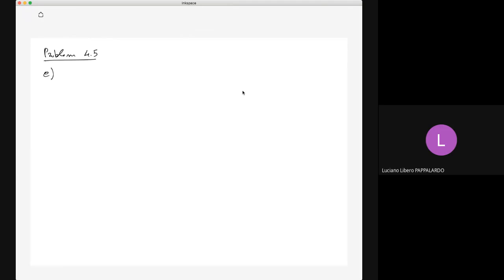So the first case is calculating CP for a system of two neutral pions in an S wave. So it's a system of, let's say, two pi 0 in an S wave. So S wave means that the orbital angular momentum of the system must be equal to 0.